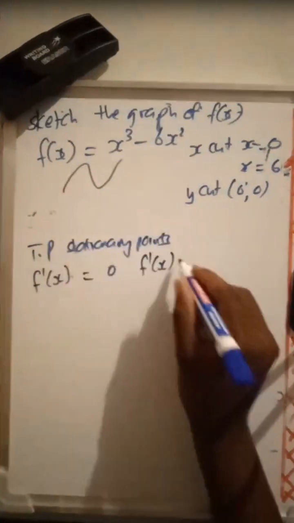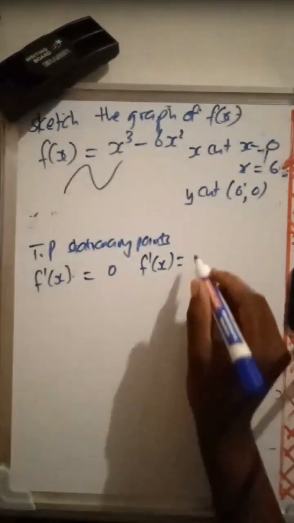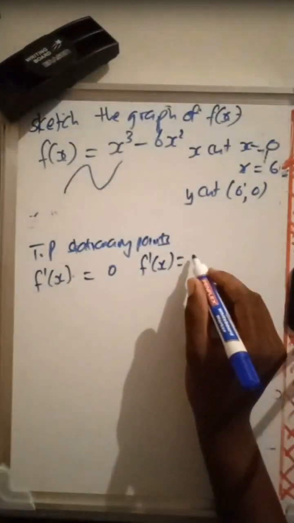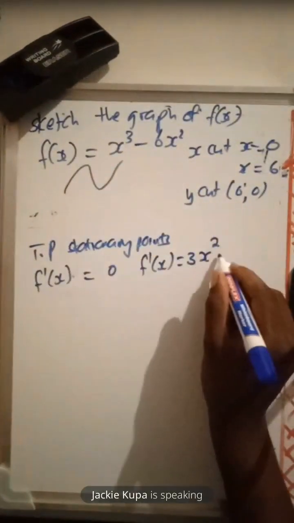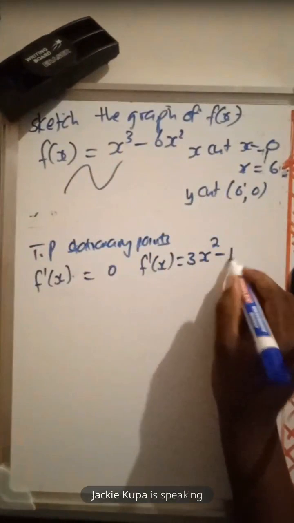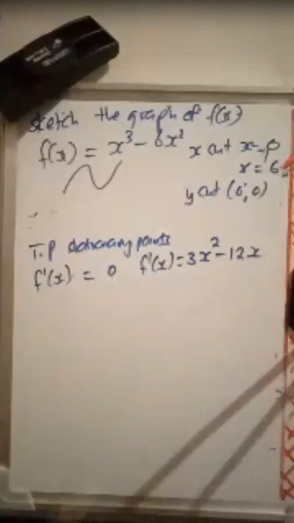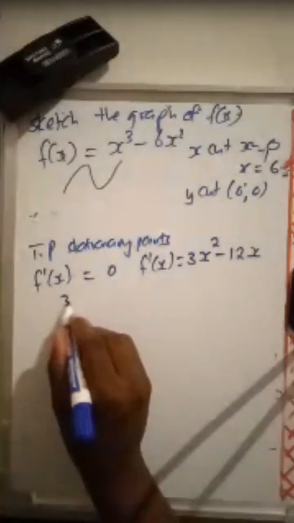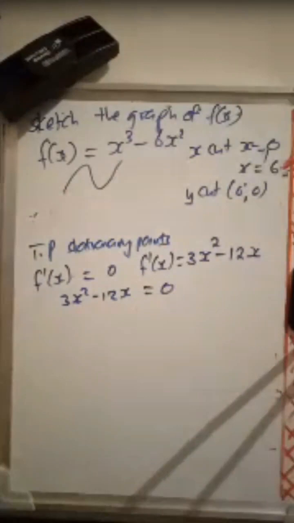I get, from our differentiation, 3x squared minus 12x. Okay, so it means 3x squared minus 12x is equal to 0.